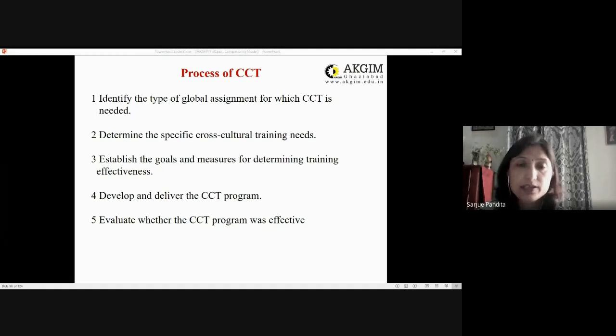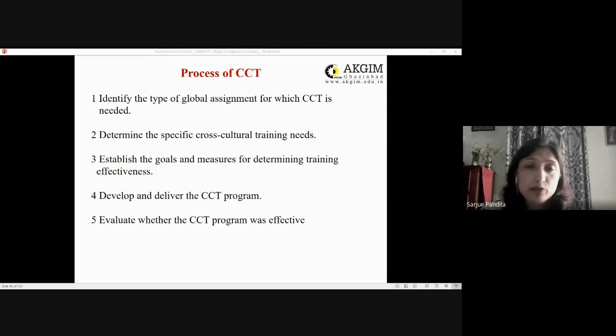For example, let us suppose people are sent on a technical assignment, which does not require significant interaction with the host nationals. So when designing CCT, it will not focus on cognitive goals. It will focus more on behavioral goals, right?